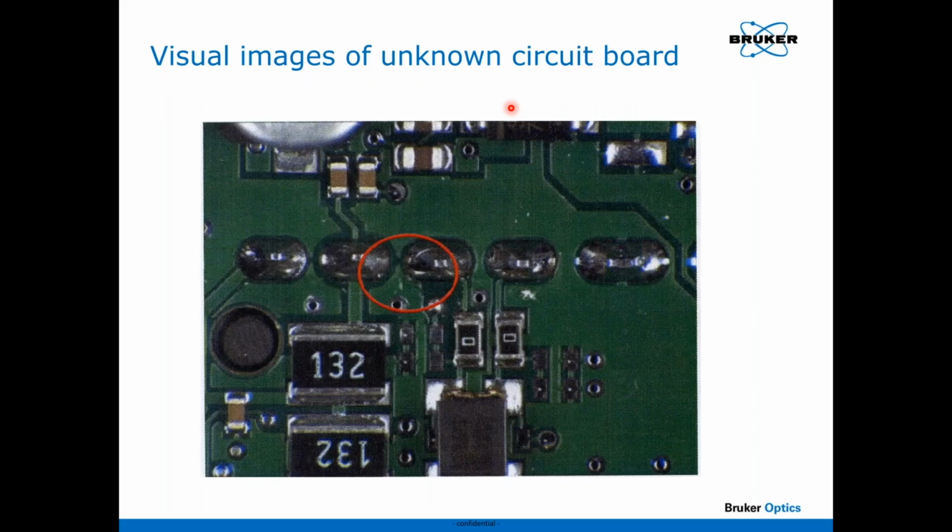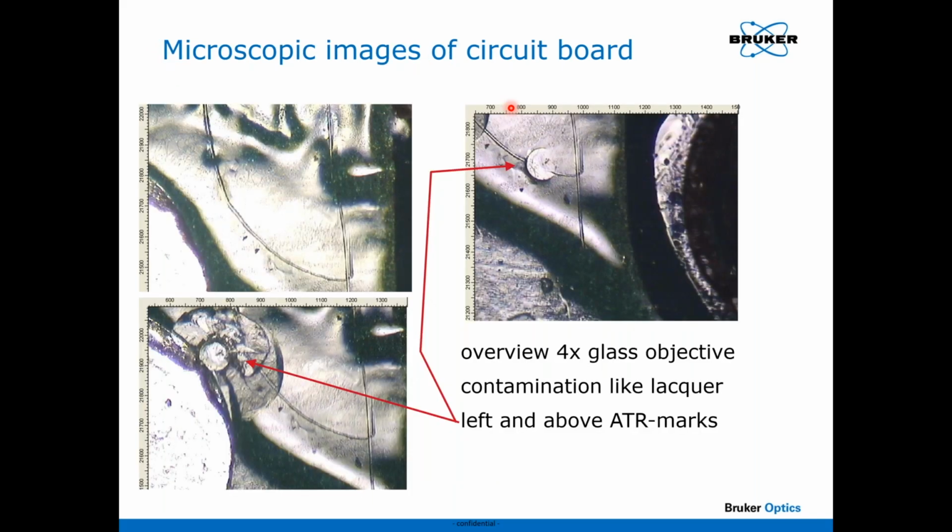This is looking at a visual image of an unknown on a circuit board, and you can see that little black piece of schmutz there. So I'm going to go ahead and make the ATR measurement. And you can see where I make the measurement. If I use higher pressure, there are three different pressure settings in there, you can leave a little dimple there. I actually like the dimple because I capture the visual image before and after.